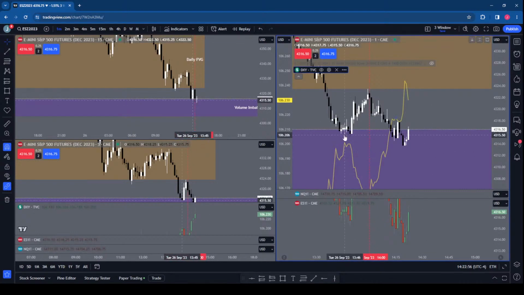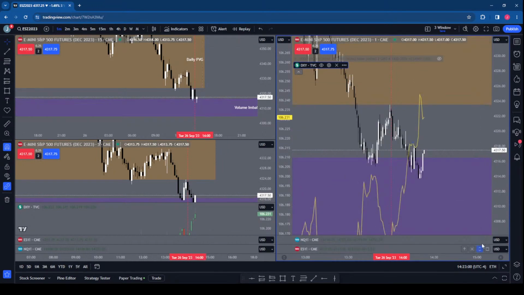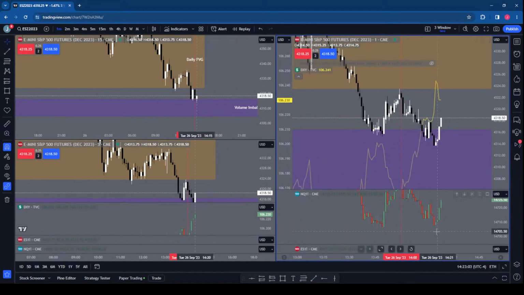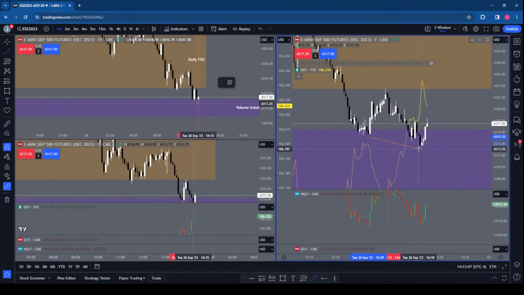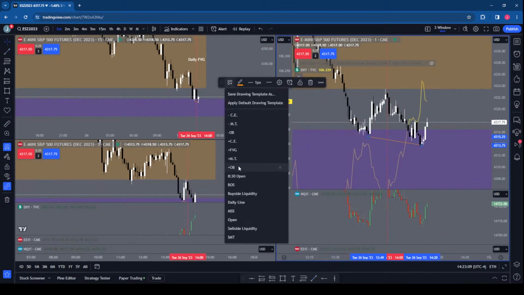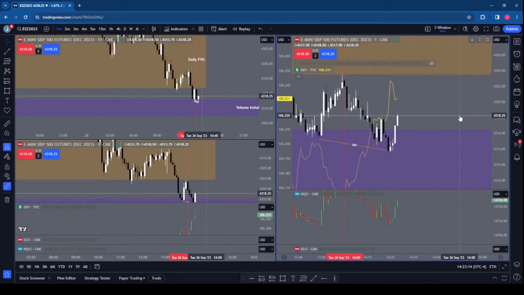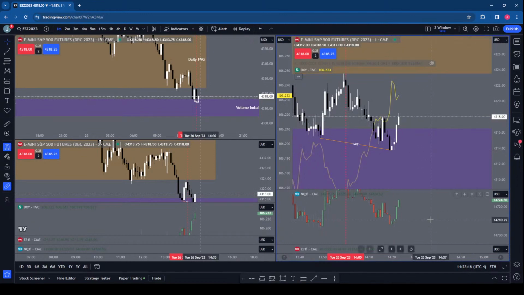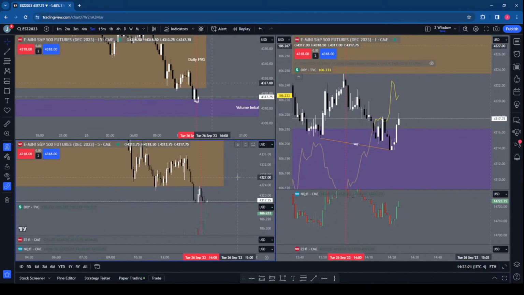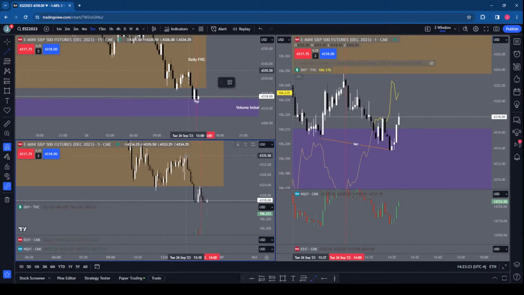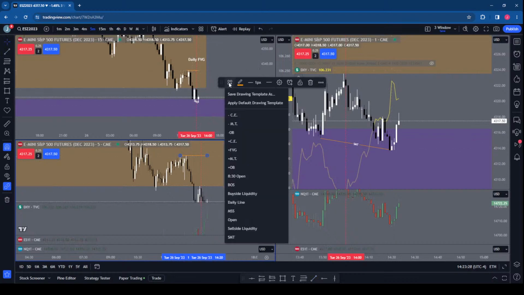ES, yeah, the SMT divergence, whereas NASDAQ didn't make that lower low. Yes, you have equal highs up here.